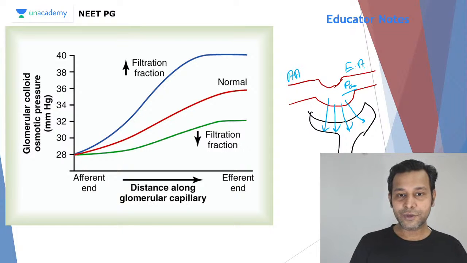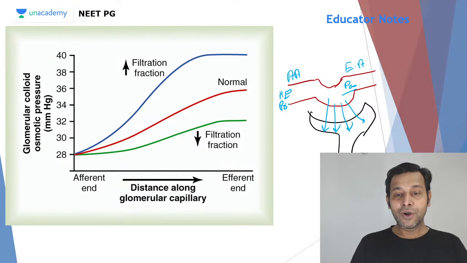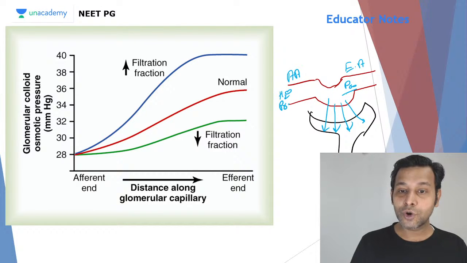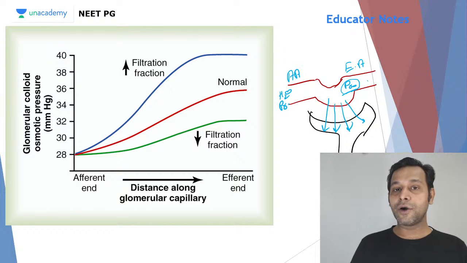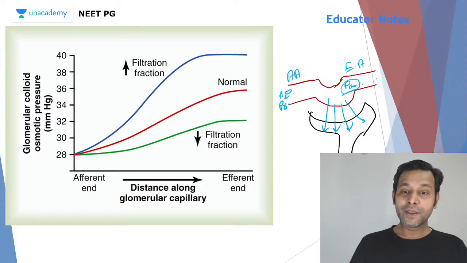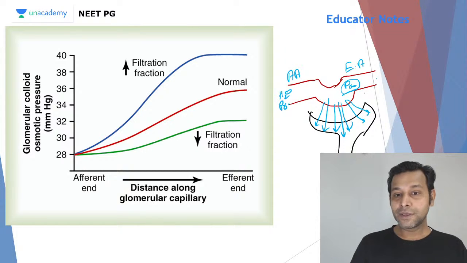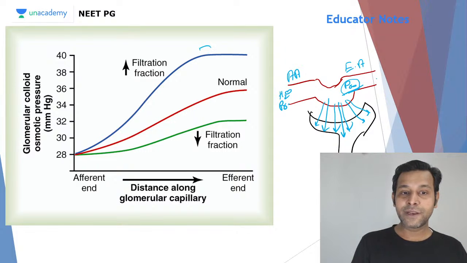We have the afferent arteriole where we have water and proteins, but as the water leaves the glomerular capillary, on the efferent arteriole we are left with more proteins and less water, and hence the colloidal osmotic pressure or oncotic pressure increases. So if too much filtrate leaves the glomerular capillary, the protein concentration will be very high, so a higher filtration fraction will have increased colloidal osmotic pressure.